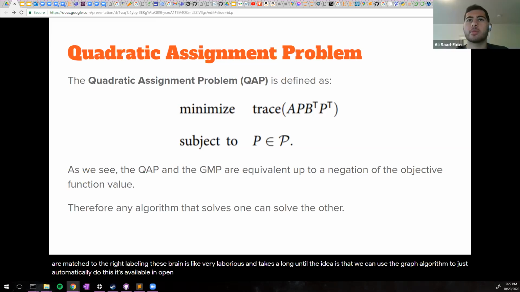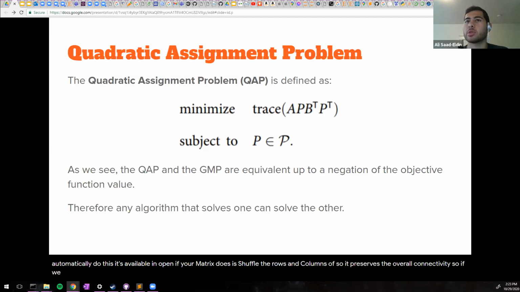Yeah, so the idea is essentially, since we want to preserve A and B, we have to have this permutation matrix, because all the permutation matrix does is shuffle the rows and columns of our two adjacency matrices. So it preserves the overall connectivity.